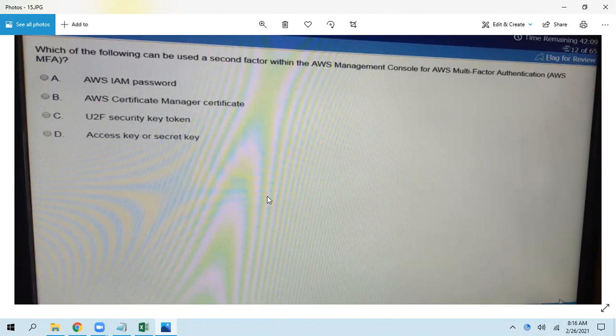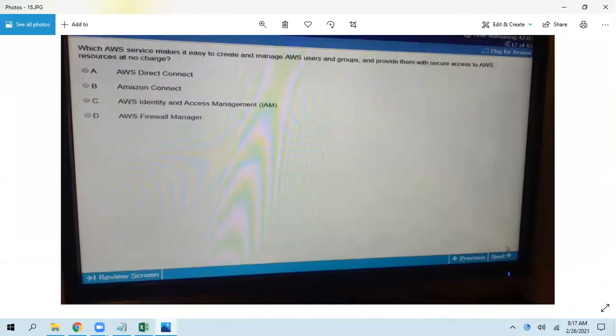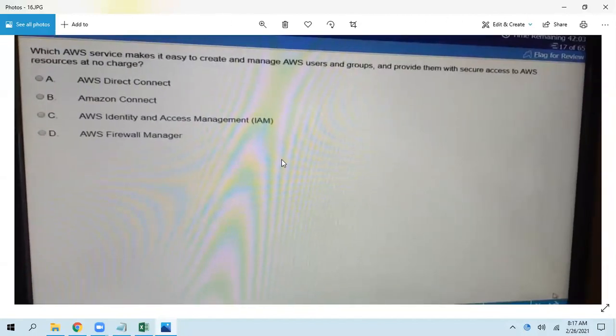Access key and secret key do not give any additional layer of security. It is the U2F security key that will give that. And this is a pretty easy question: which AWS service makes it easy to manage AWS users and groups and provide permissions? IAM.